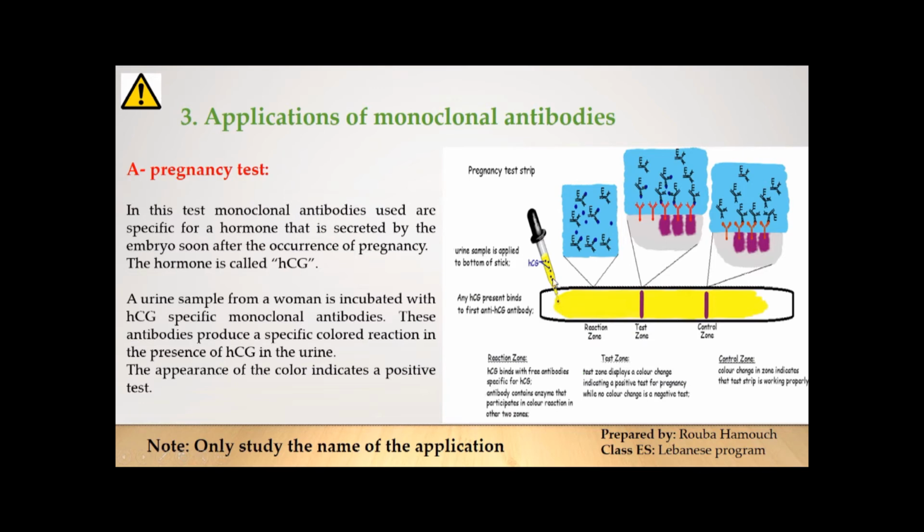So if the urine sample contains HCG, the HCG present in the urine binds to monoclonal antibodies called anti-HCG found in this test strip.